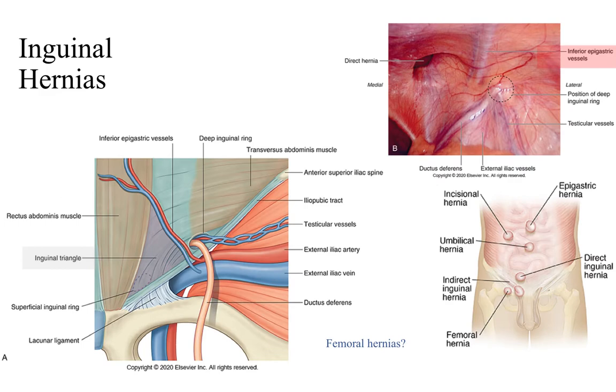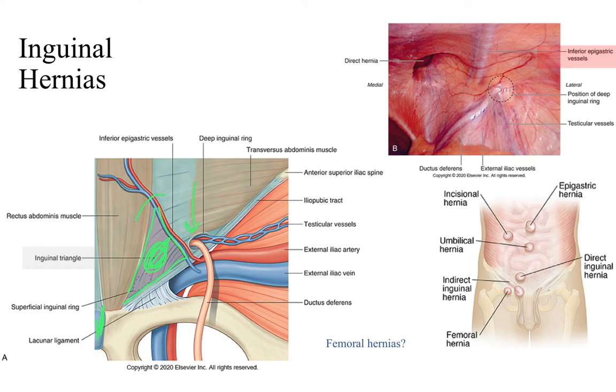The purpose of this slide is to point out right here the inguinal triangle, also known as Hesselbach's triangle. And this is commonly where the abdominal wall tends to get the weakest and where direct inguinal hernias will occur. Again, notice that here is where your deep inguinal ring is, and here's the inguinal triangle, and here's your pubic symphysis just for reference.